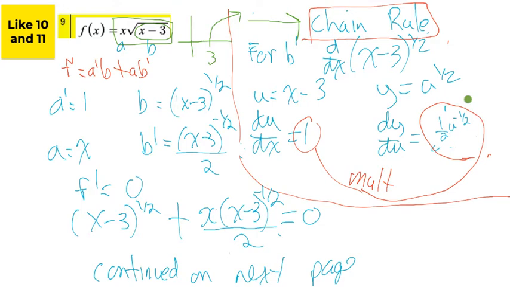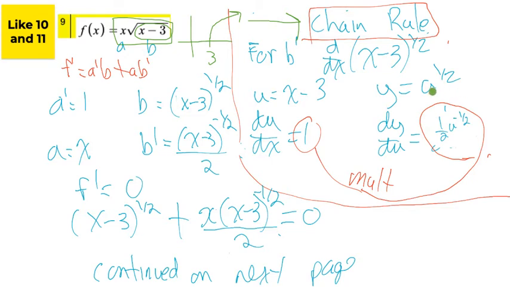Now, really, do you need to use the chain rule for this? I like to go through all this, showing all the work for the chain rule. Let's think about this for a second. What's the inside derivative of that going to be anyway? Well, it's just going to be 1. So really, it's going to be 1 multiplied by the outside derivative. Since I know I'm going to multiply by 1, why wouldn't I just go to that, right?